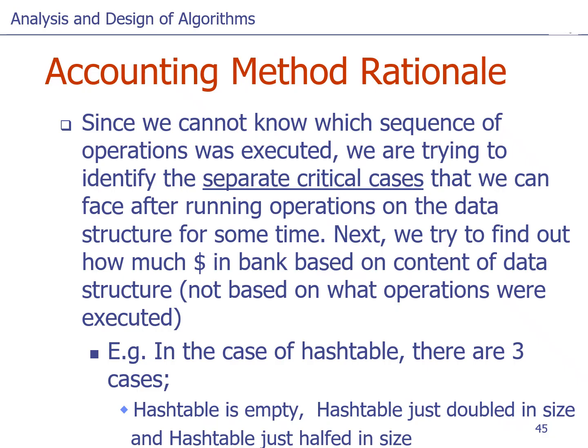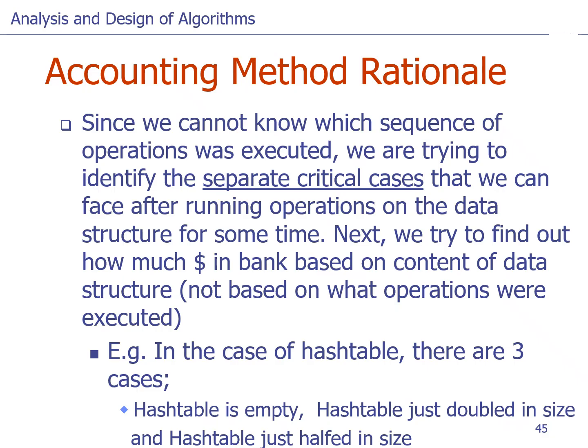Here it becomes critical because this is pretty much the only moment in the lifetime of the algorithm or data structure where you can stop things and ask, do I have enough dollars to pay for what has just happened? As you depart away from the critical case, you have less information, so you're not really sure. But at the moment of the critical case or immediately after, you should have enough information to enable you to ask and answer the question.